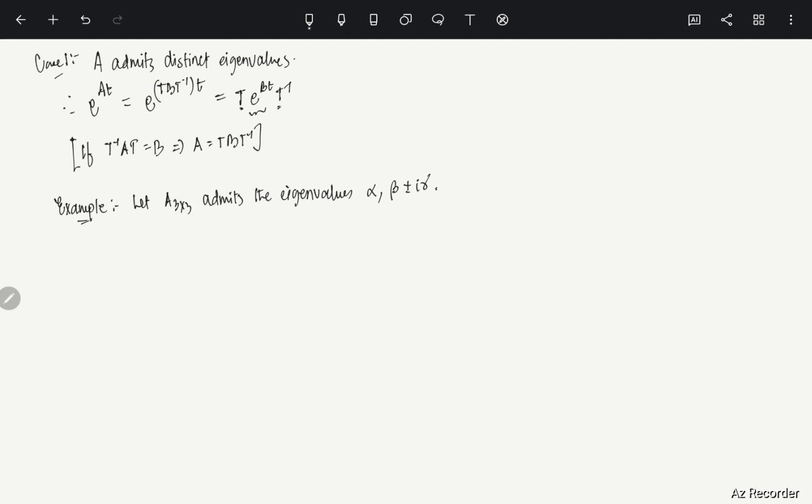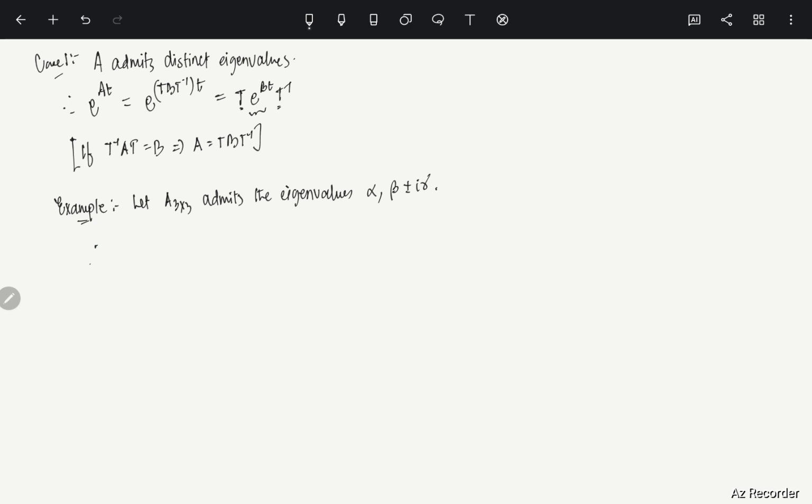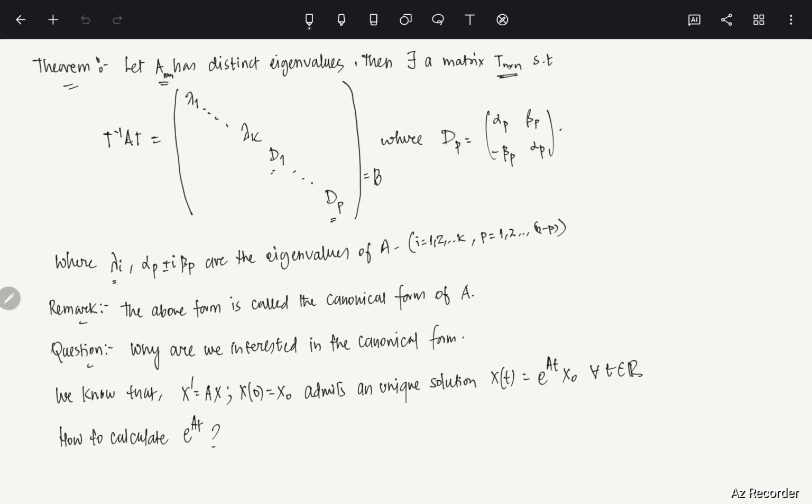In this case, T inverse A T, that is B. So in this case, B will look like this. Corresponding to alpha, it will be alpha 0 0, right? Now corresponding to beta, it will be beta gamma, minus gamma beta.